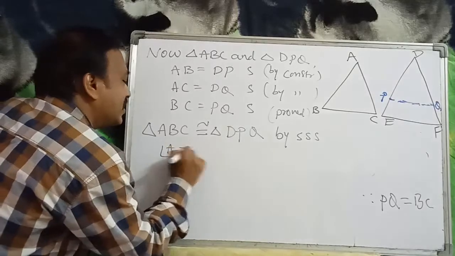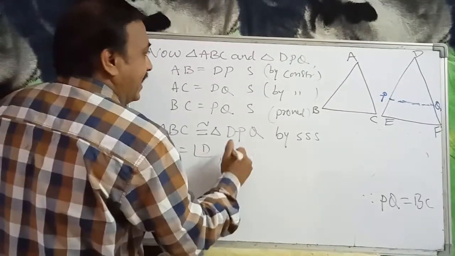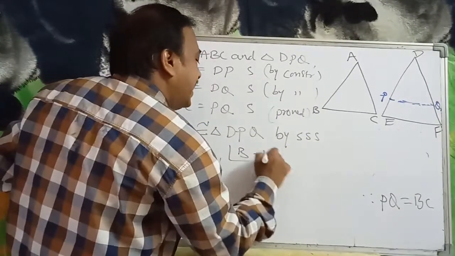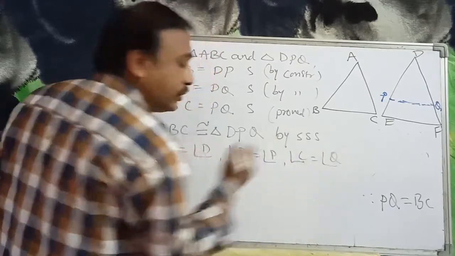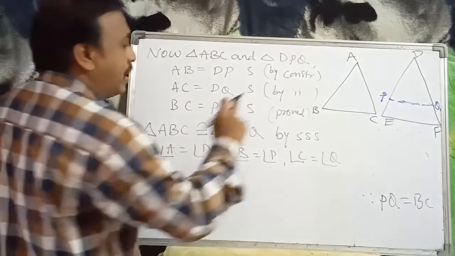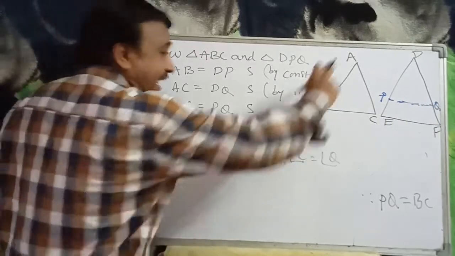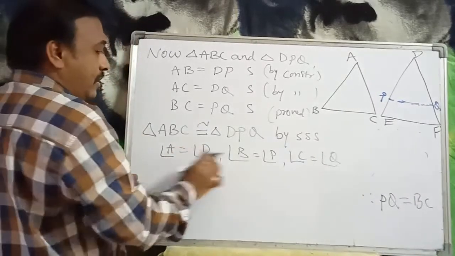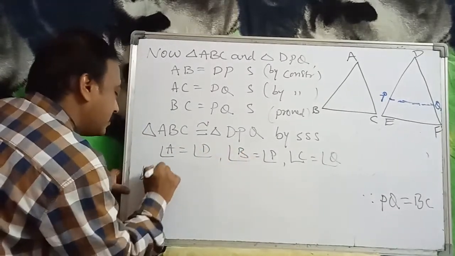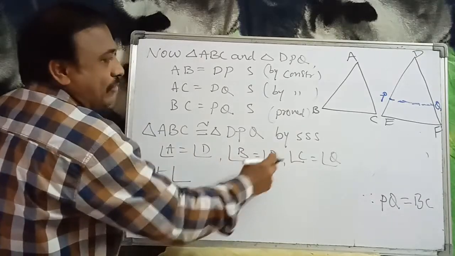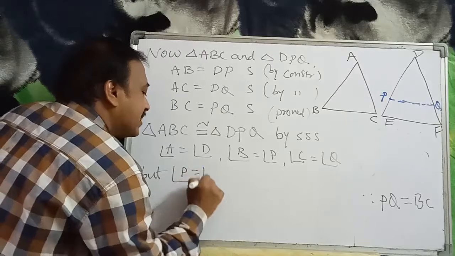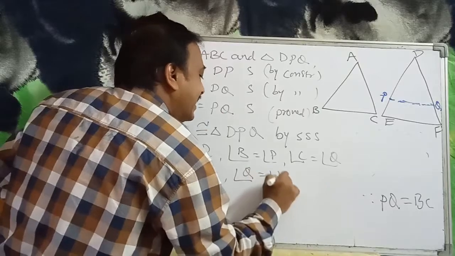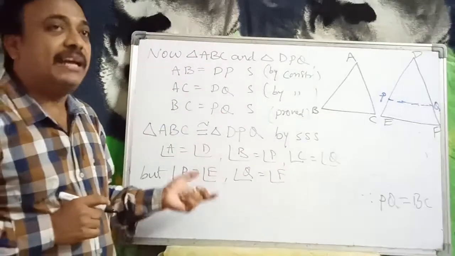So angle A is equal to angle D, angle B is equal to angle P, angle C is equal to angle Q. But angle P is equal to angle E, and angle Q is equal to angle F. Therefore, their corresponding angles are equal.